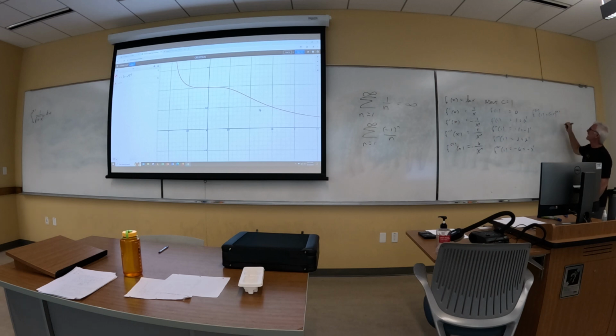Or plus 1? Probably n plus 1, because I'd rather start at 0 if need be. Now, how about the factorial? What's the factorial then? N minus 1 quantity factorial.